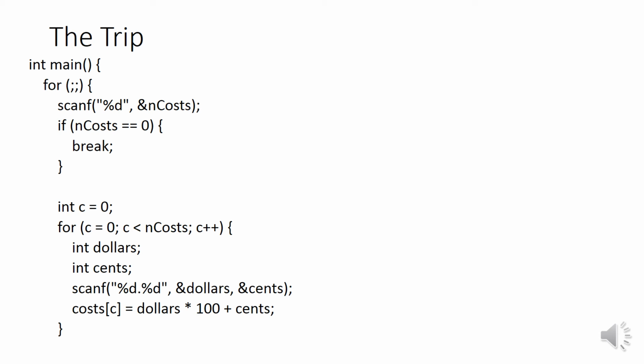If there are more than 0 students, for example 3, then int c is equal to 0 and the for loop is executed for 3 students, up to n cost. Here we take two variables, dollar and cent.